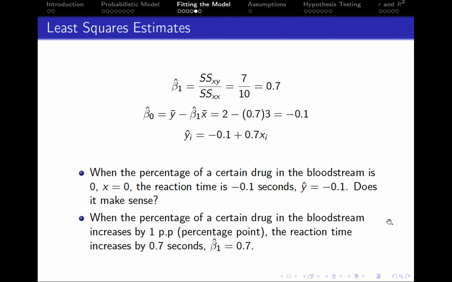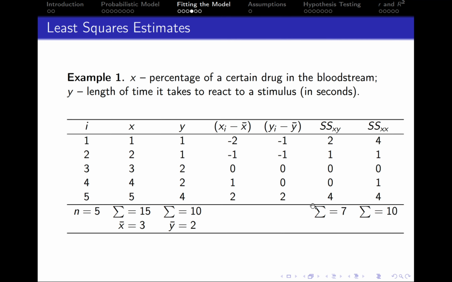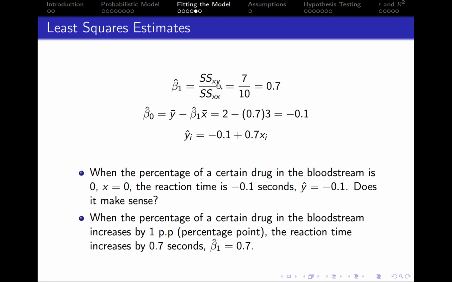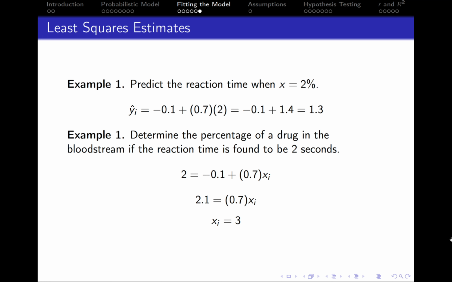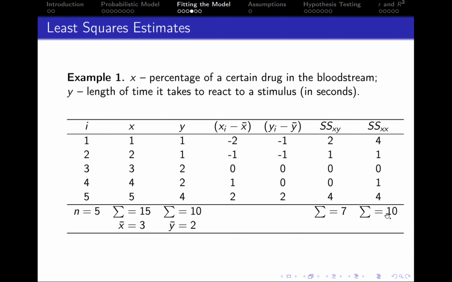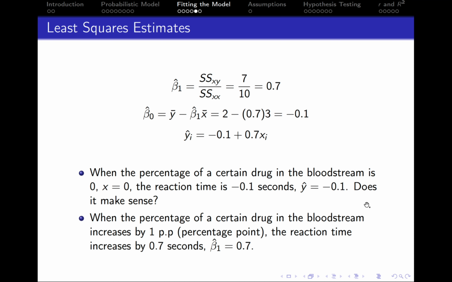After this, we switch to the formulas, and so to get beta 1, we divide SS_xy, which we know from here is equal to 7, by the value of SS_xx, which we know from here is equal to 10. And we get 7 over 10, so 0.7.